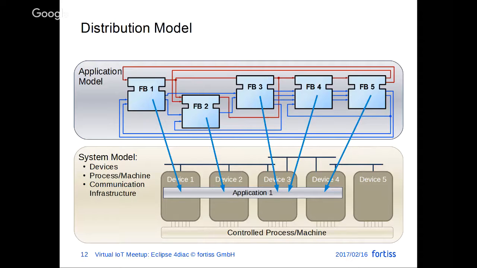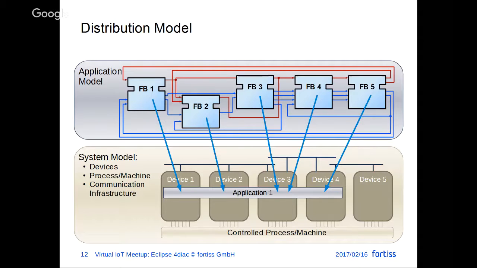And this is normally not done just for fun. Normally you have some rules where function blocks are located, based on the available sensors and actuators, and maybe based on network resources, network bandwidth, or the power of devices.